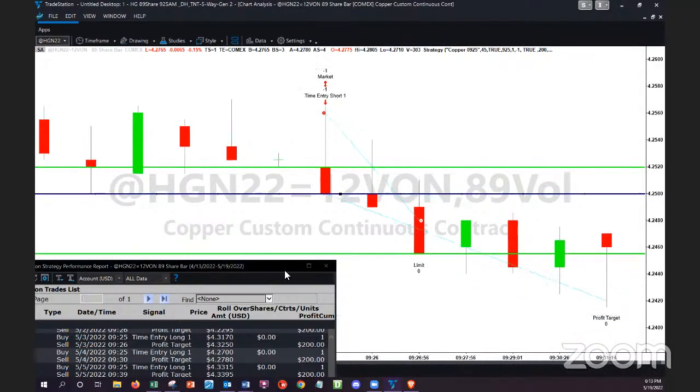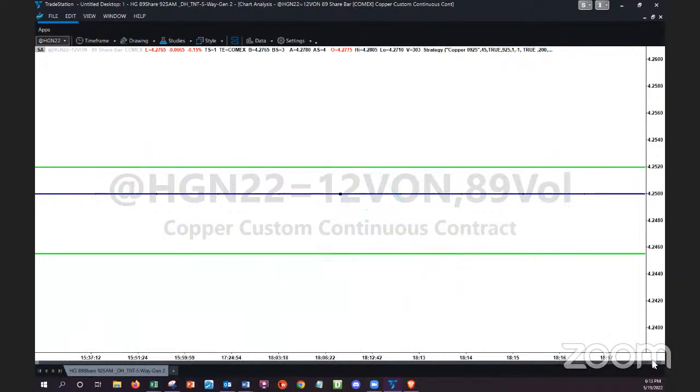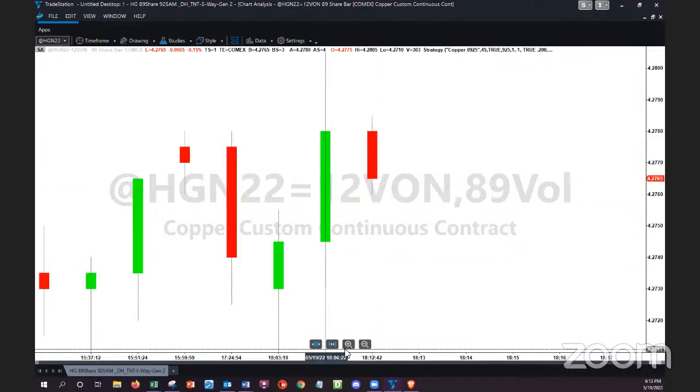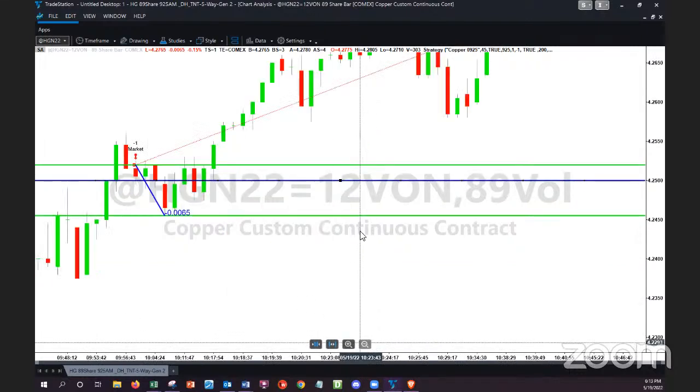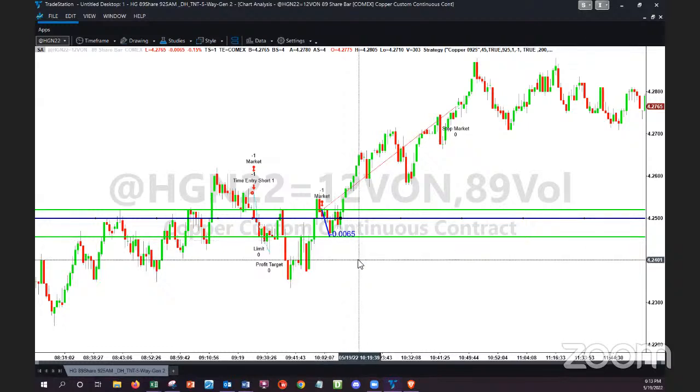And we see that. Let's go back over here. Slide down here. We see that it entered here and stopped out up here. And I'd say if we had our target set at 150 instead of 200, then it would have filled and it would have made money.